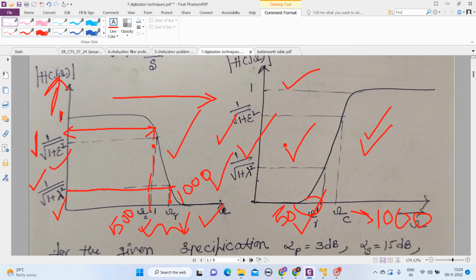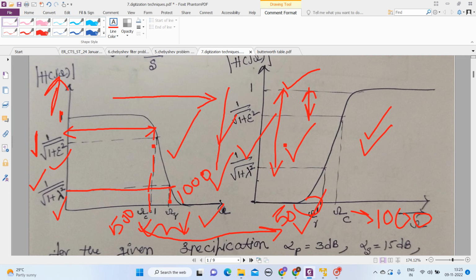Only the frequencies are swapped. The pass band attenuation and stop band attenuation should be the same. These are the high pass filter pass band and stop band attenuations. So only the frequencies are going to be changed.